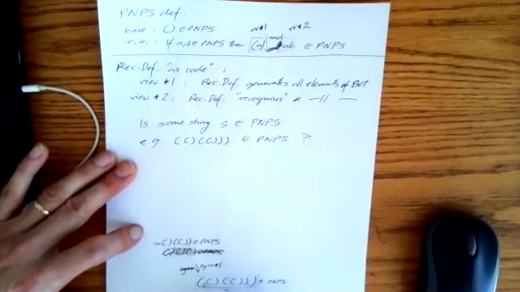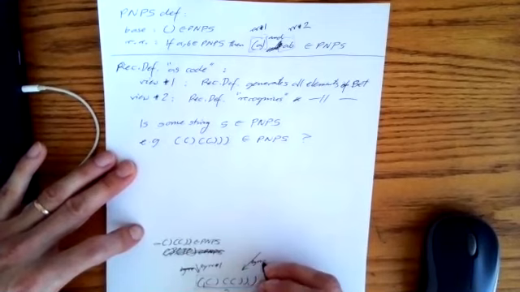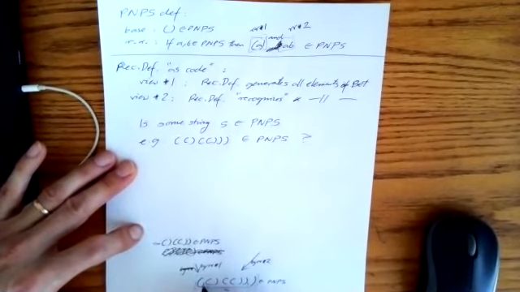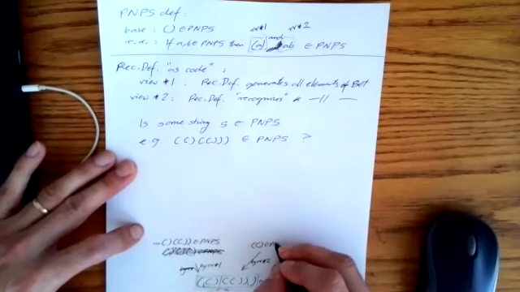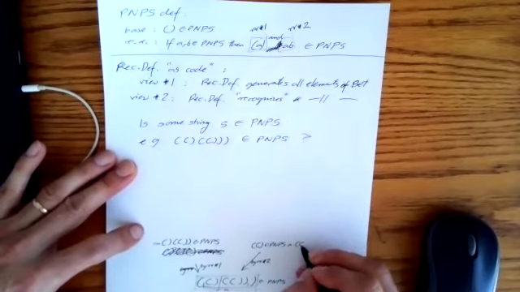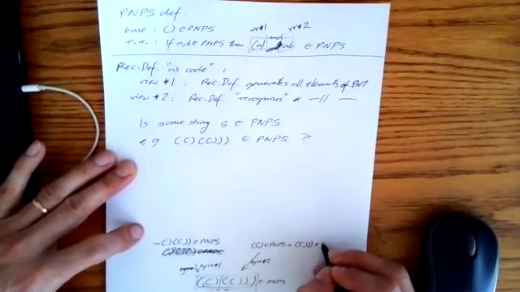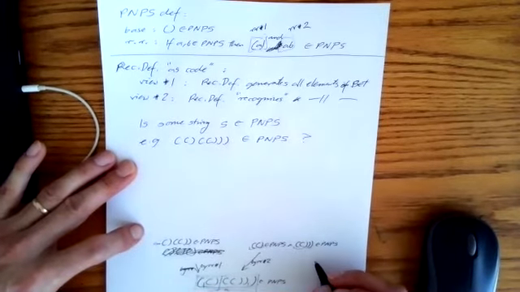But that's not the only possible way to generate it. Perhaps this could be generated by recursive rule number 2, applied to some substrings of this. So perhaps this is A and this is B. So this would be implied if the following thing was in PNPS and the B, which is open, open, close, close, close, was PNPS.